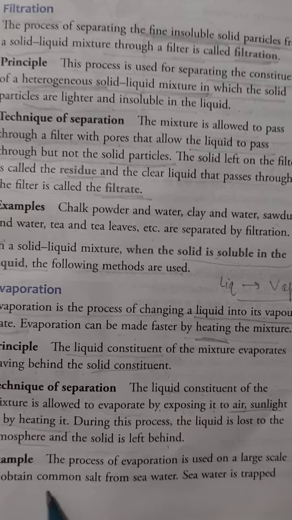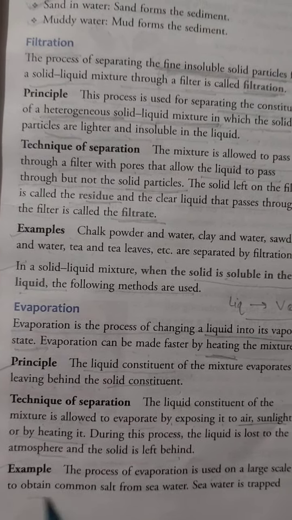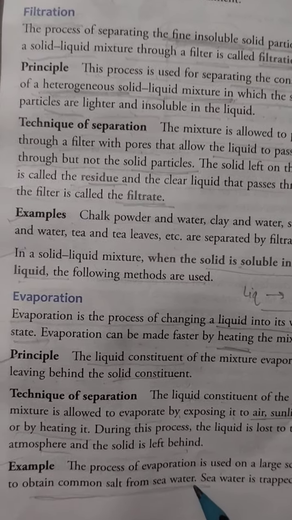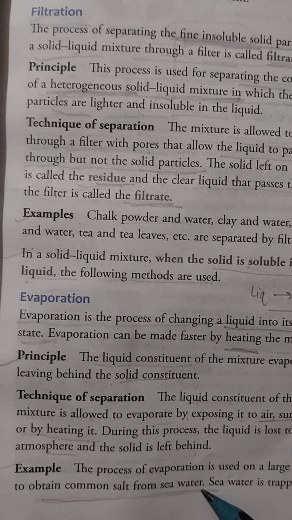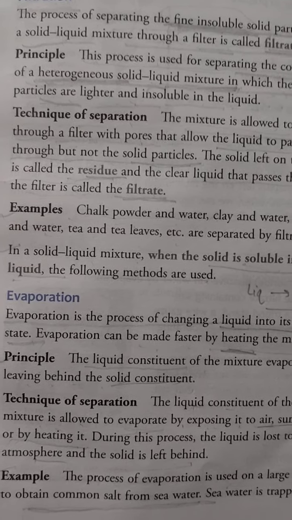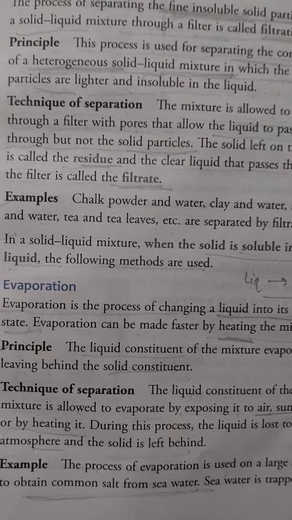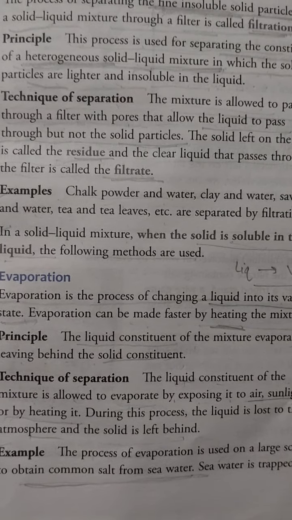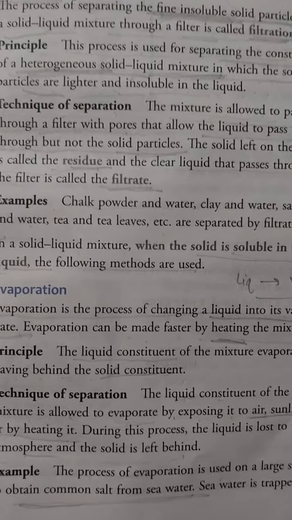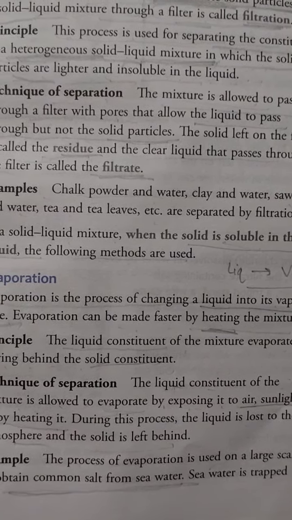What are the examples? The process of evaporation is used on a large scale to obtain common salt from seawater. ज़्यादा से ज़्यादा इसको लार्ज स्केल में हम तब यूज़ करते हैं जब हमें सी वाटर से सॉल्ट का एक्सट्रैक्शन करना होता है. We all know that seawater contains some salt. तो सॉल्ट को हम नेचुरली उससे कैसे लेंगे? जब हम सी वाटर को इवेपोरेट करवाएंगे तो सारा वाटर जो है वो इवेपोरेट हो जाएगा and what we will be left with is the common salt.